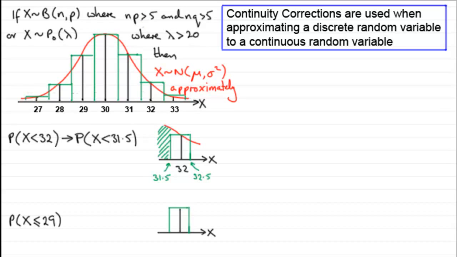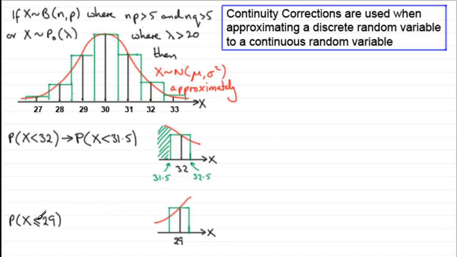So if we just go to that box, this is the value 29, and the curve in another example could be coming down. In this example it's going up, but it doesn't change the situation at all, because we want to be less than or equal to 29, so we need to be to the left of the 29.